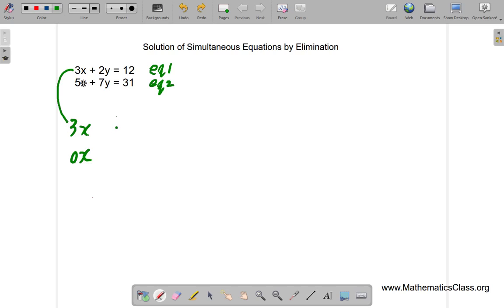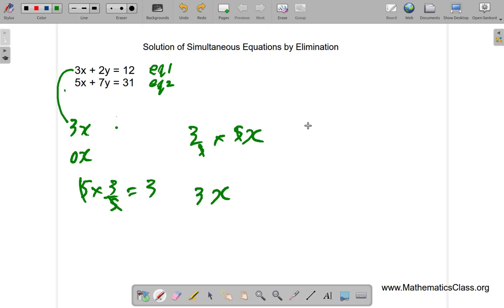So what we will have to do is multiply equation 2 by a certain number. Now 5 times what gives you 3x? 5 times 3/5 will give you 3x, because 5 will cancel 5. So the number that we would have to multiply by is 3/5. We'd have 3/5 times 5x, and 5 would cancel 5 and give you a 3x.